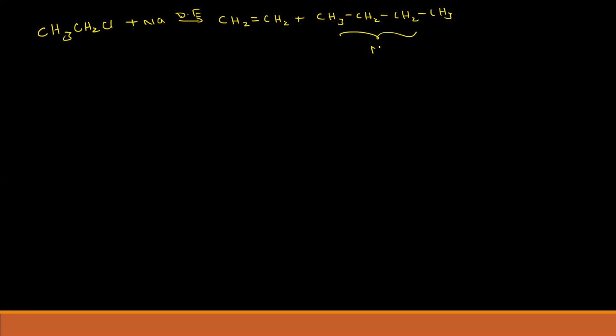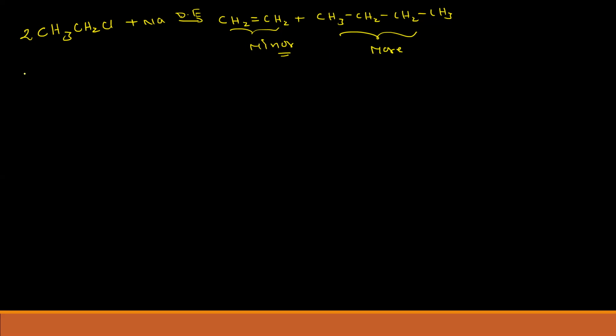Here this is the major yield and this is the minor one. Because of this, we can prepare n-butane by using the Wurtz reaction. The reason is that the combination product is more than the disproportionation product.